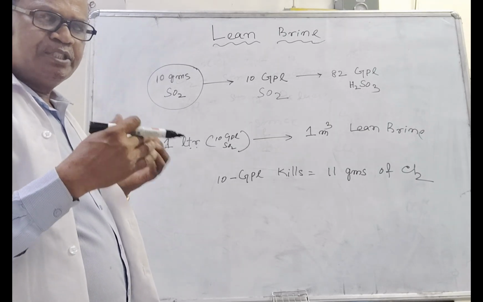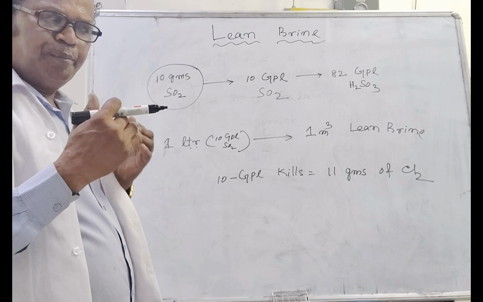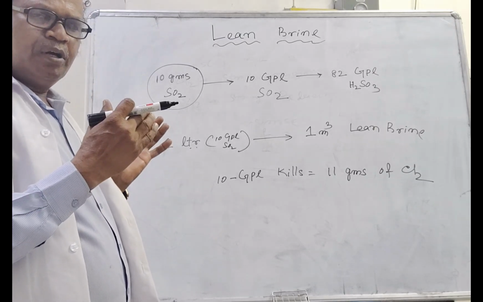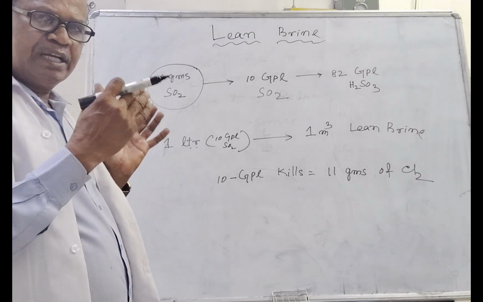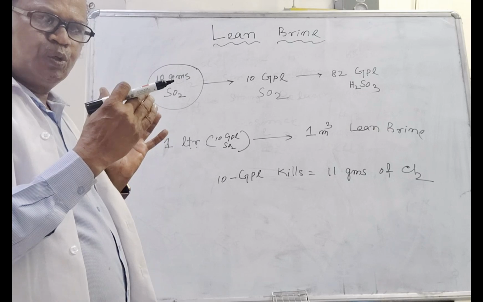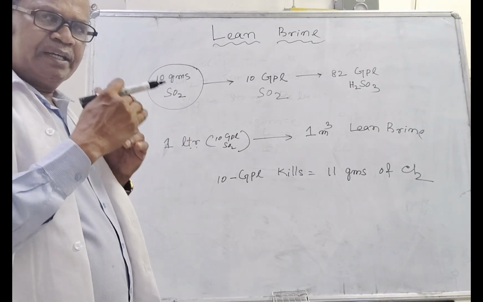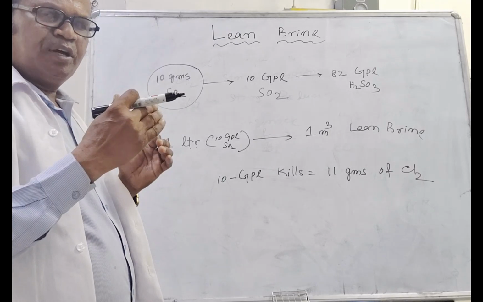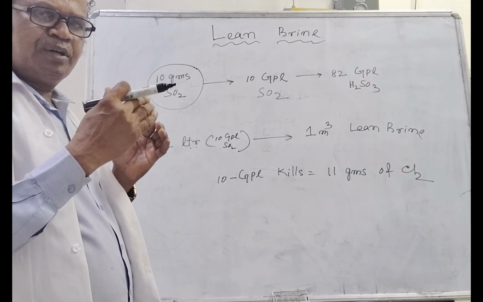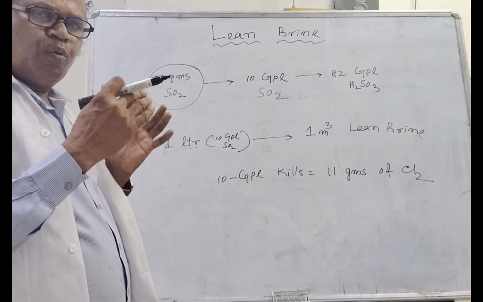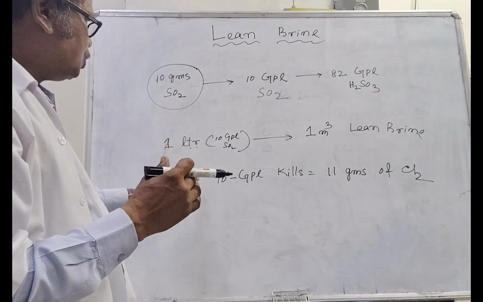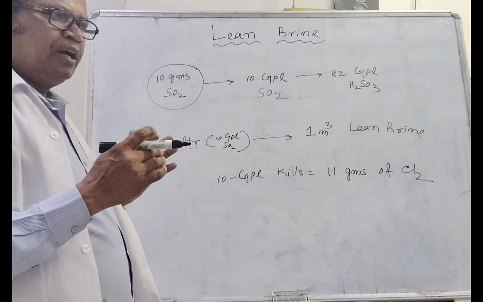11 mgpl means 11 grams per m3. 1 liter of SO2 solution at 10 gpl, with 10 grams of SO2 present in 1 liter, can kill 11 grams of chlorine in 1 m3 of Lean Brine. So it is a good suggestion.